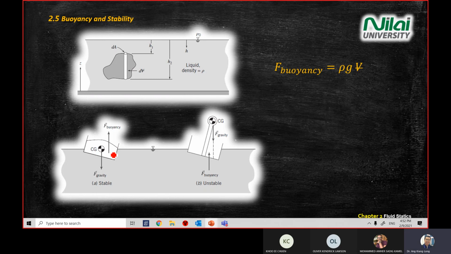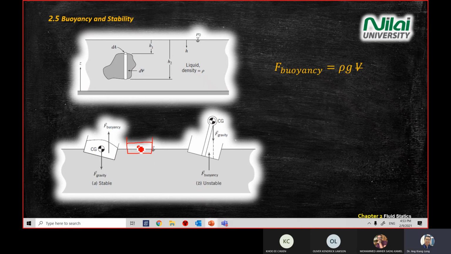If your buoyancy force is going up like that, and your gravity is going down like that, the body will be stabilized and stay in this position. It will be the same case as the straight vessel like that.